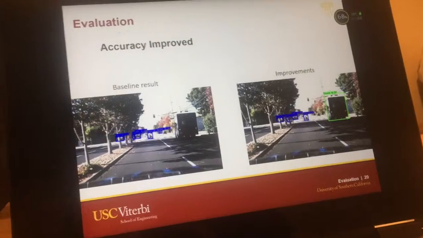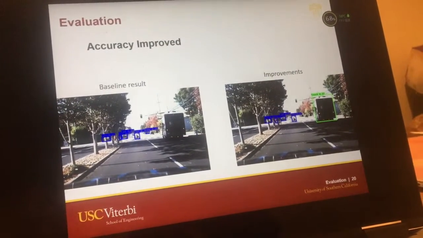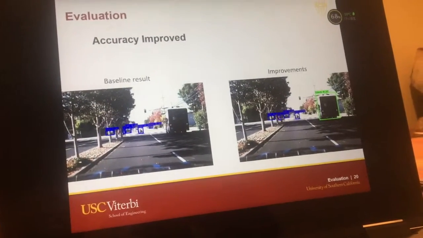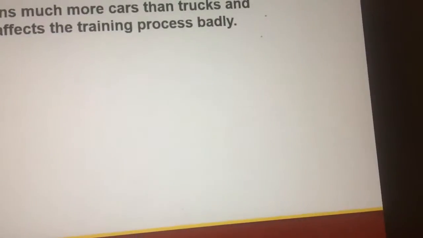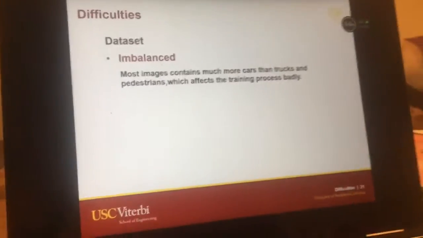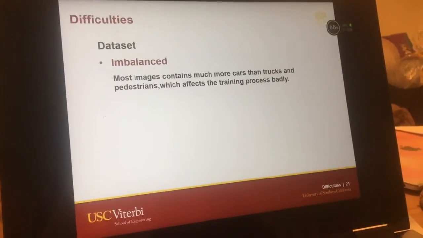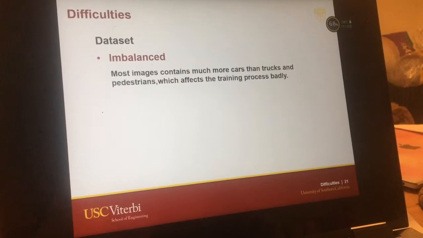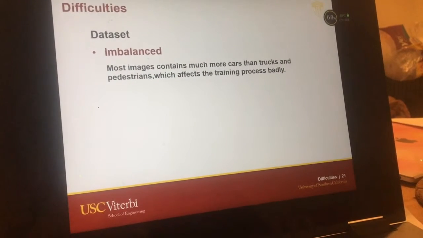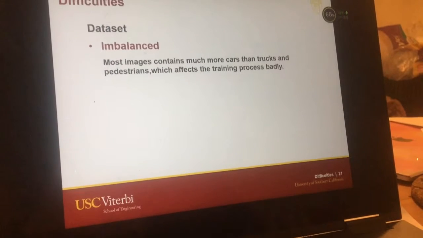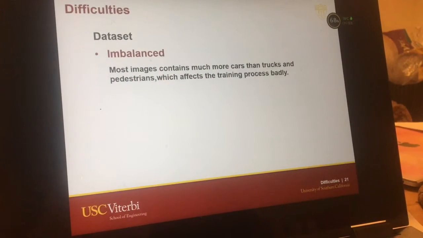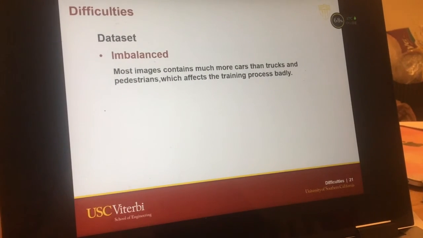We can find that the truck can be predicted here, and the probability for the same car can be improved obviously. So the last part of our project is the difficulties. That is the imbalanced data. So we did some data augmentation to help us get balanced data, which helps the training process go well.